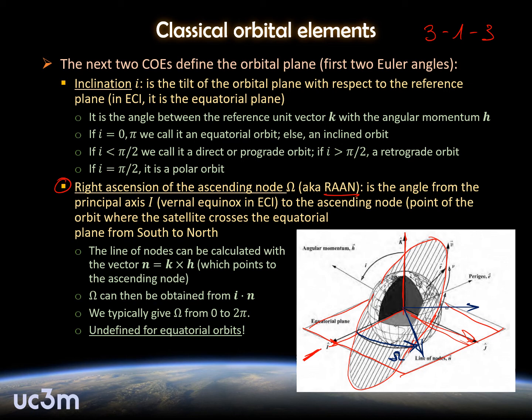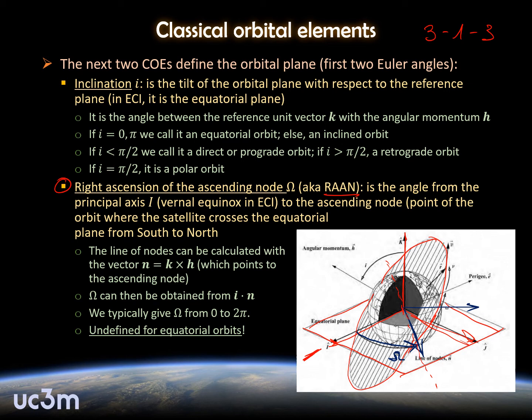The line of nodes is the intersection of the orbital plane, it's all this line that happens here, with the plane of the equator. Now, the second Euler angle allows us to tilt the orbital plane, so to bring it out of the equator by applying this second rotation.